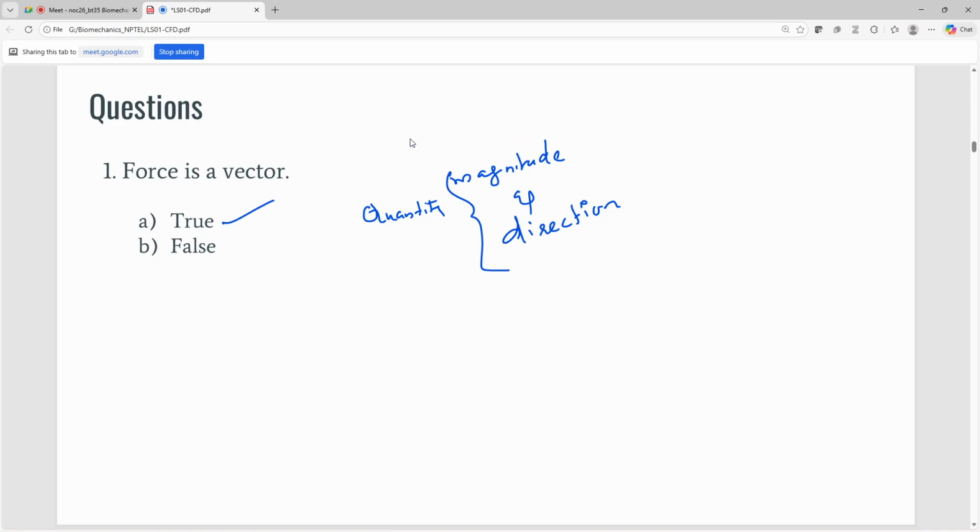Also, with the Newtonian definition of force, F is equal to ma, force is made of two components, where mass is a scalar and acceleration is a vector. So from that itself, you can say force has both magnitude and direction.